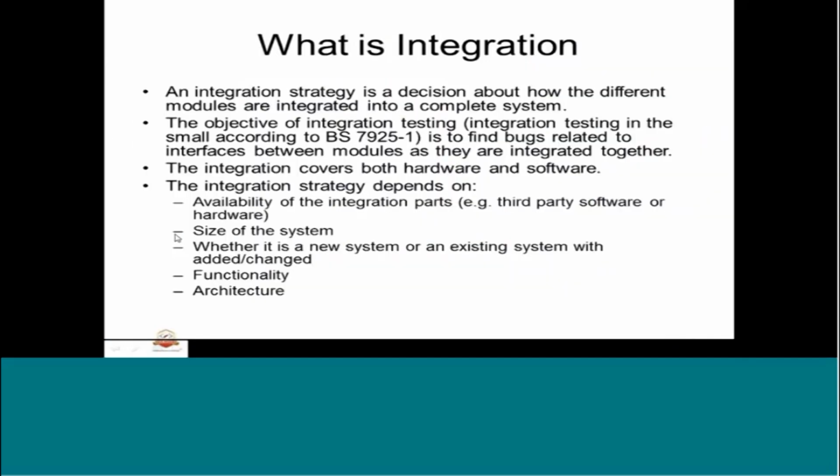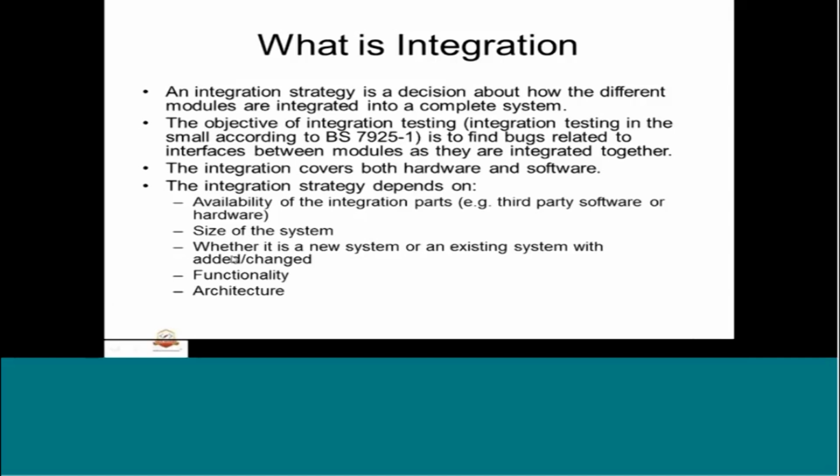It is the structure and the complexity of the system that is underneath the test of the integration software testing. So that also matters in working out the integration strategy.